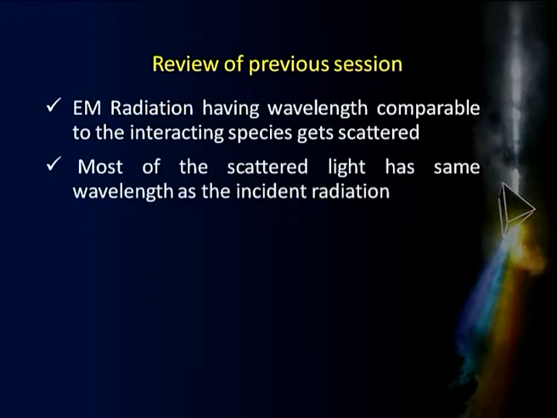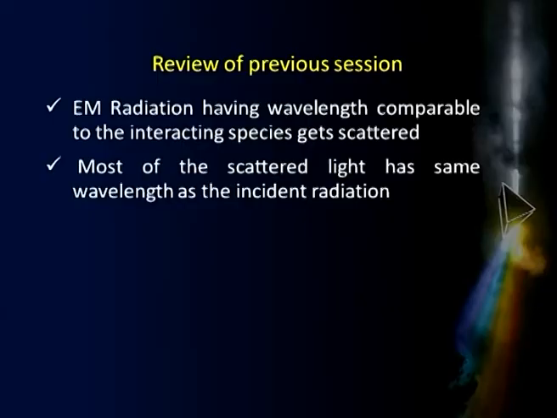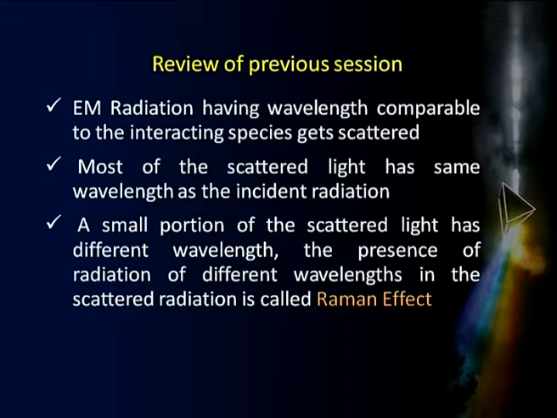Most of the scattered light we observe has a wavelength similar to that of the incident radiation. That means there is no difference in the wavelength of the radiation coming out as scattered light. However, a small portion of the scattered light has a different wavelength. The presence of radiation of different wavelength in the scattered light is called the Raman effect.